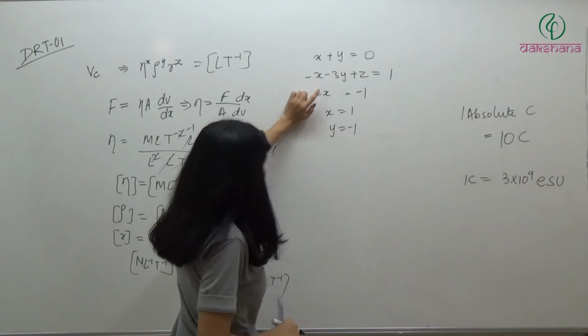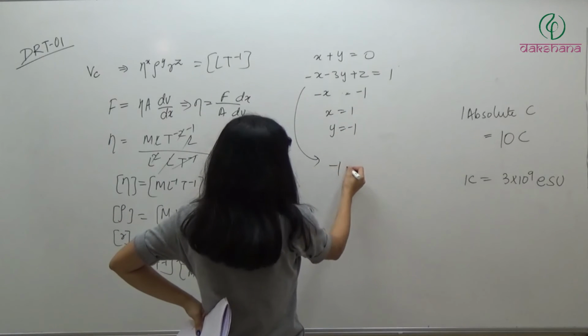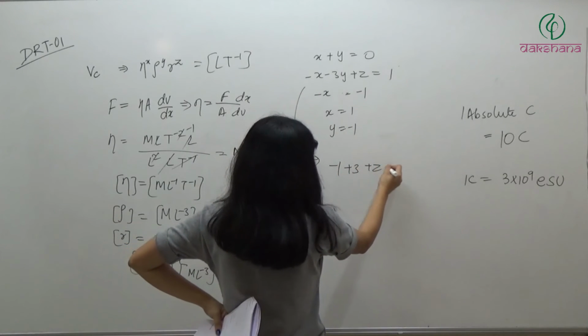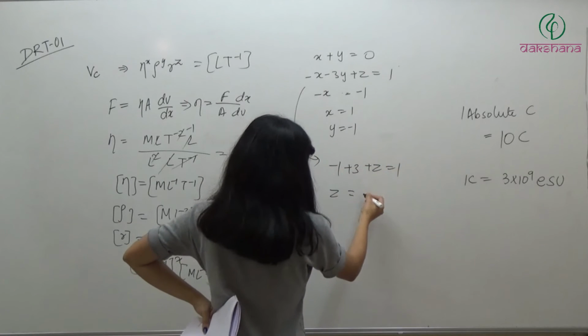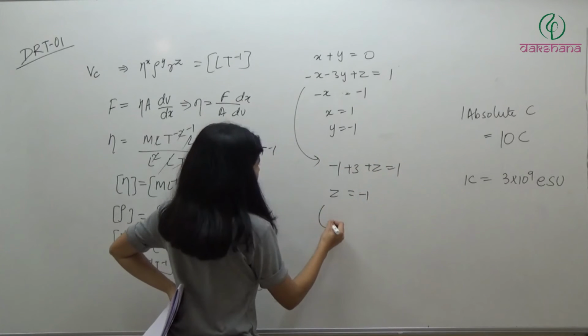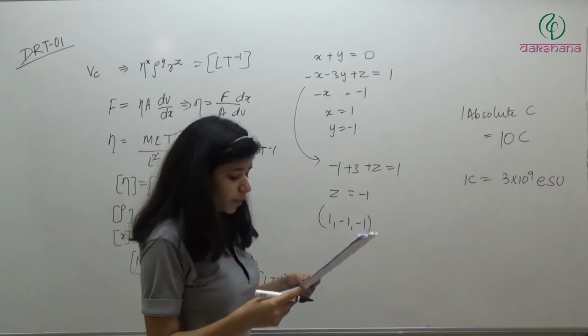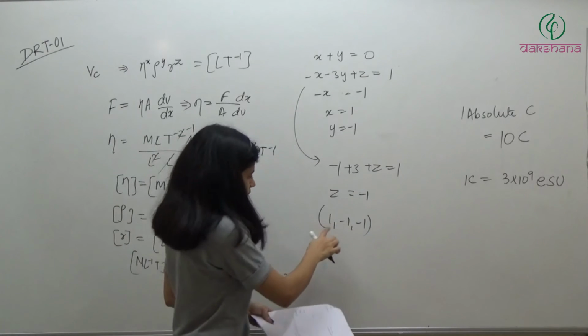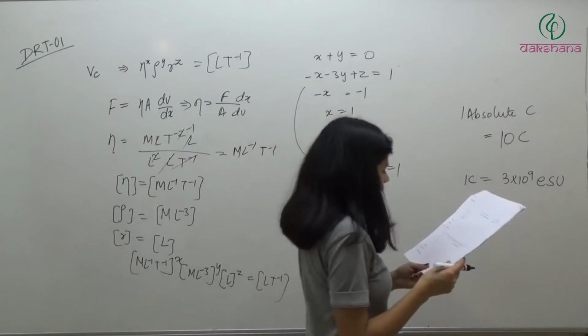So from here we get minus 1 plus 3 plus z is equal to 1, so z is equal to 2 minus 3, which is minus 1. So we have 1, minus 1 and minus 1. Here we are asked x plus y plus z, so this plus this plus this will get minus 1. x plus y plus z is equal to minus 1.